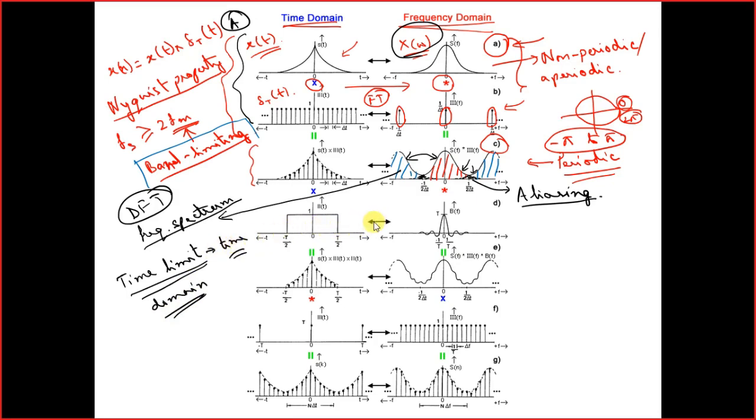Now, what is time limiting? Time limiting means we need to restrict the signal, or take only a specific portion of the signal. To take a specific portion of the signal, we multiply the signal with a rectangular pulse. The reason is that the rectangular pulse is present within a particular period of time, and at other instances it has an amplitude of 0.